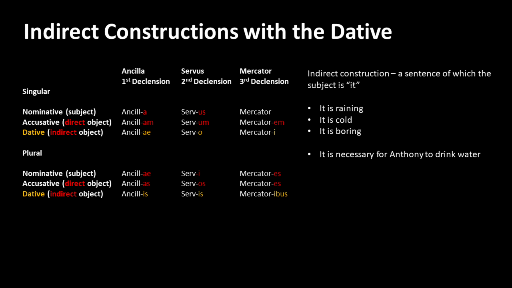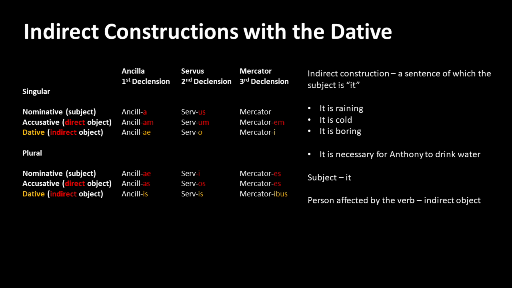However, it is a fair reflection of how things are done in Latin. Let's then have a closer look at the sentence, it is necessary for Anthony to drink water. The subject is it. The person affected by the verb is Anthony, and notice that he is an indirect object.